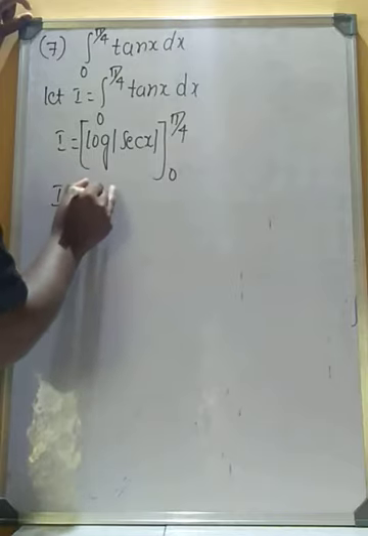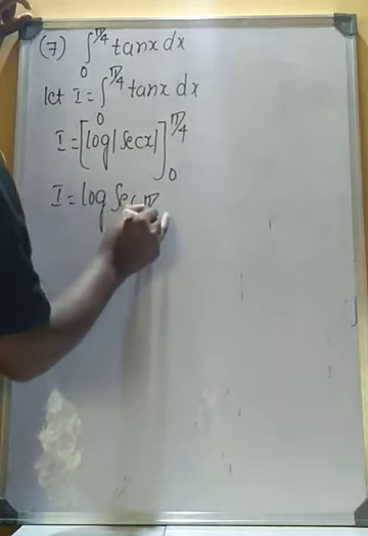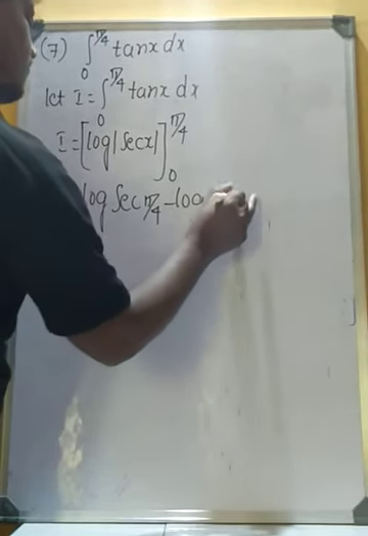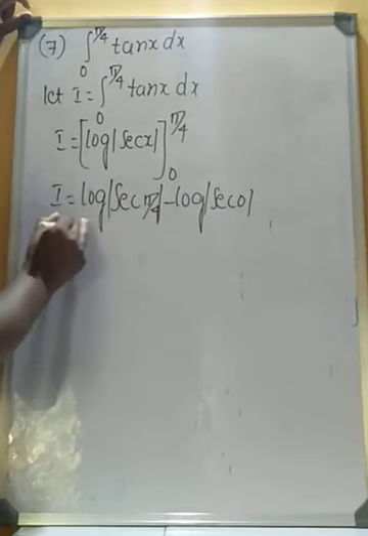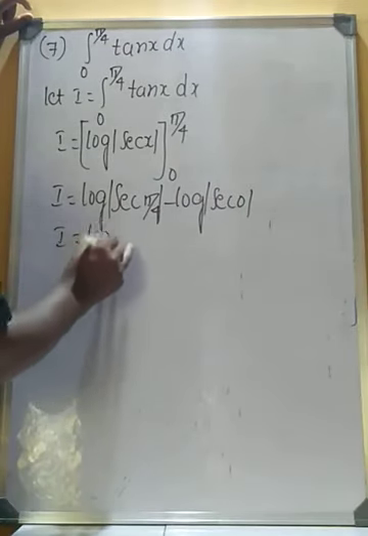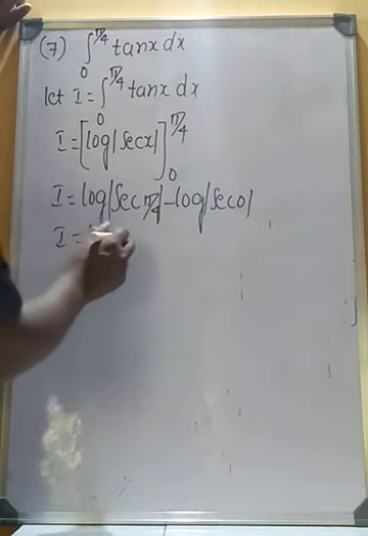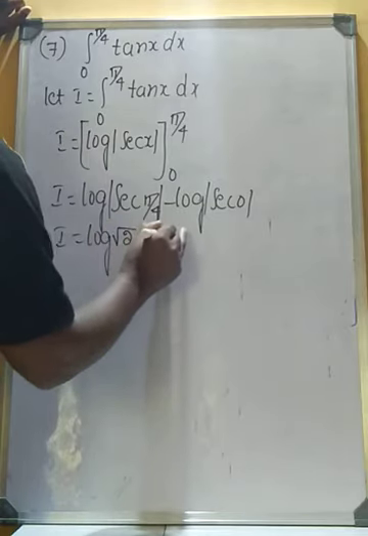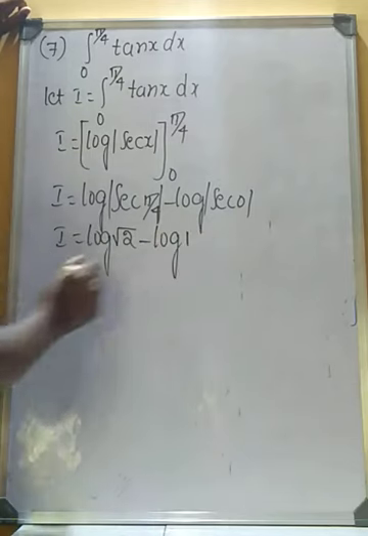Therefore, I equals log of secant pi by 4 minus log of secant 0. Therefore, I is equal to log of secant pi by 4, secant 45 degree is root 2, minus log of secant 0 is 1.